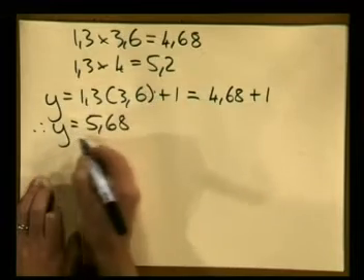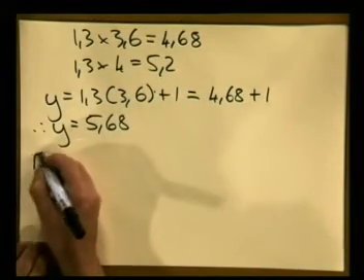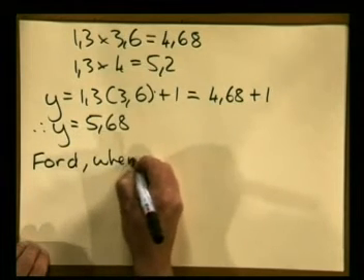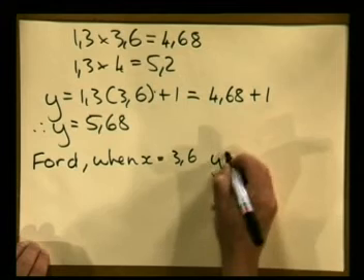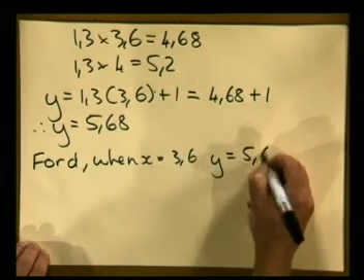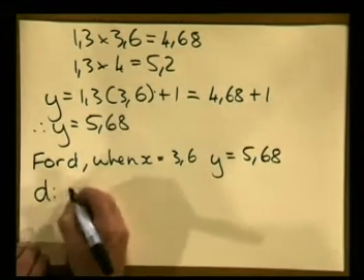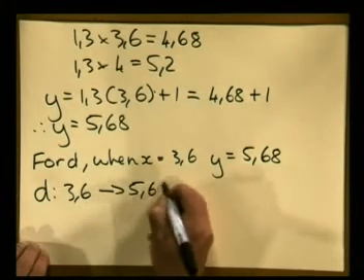Now I'm going to fill this answer in using the various forms of notation we have. Firstly, for D, when x is equal to 3,6, y is equal to 5,68. Or we can write D maps 3,6 onto 5,68.